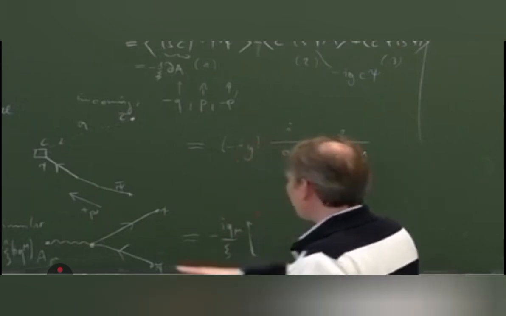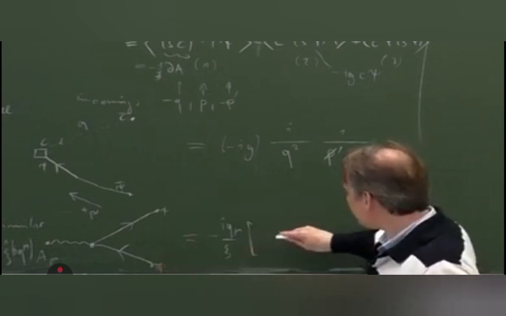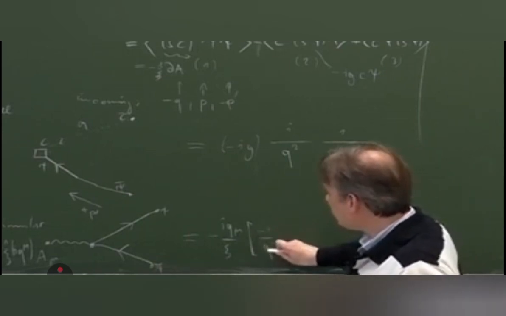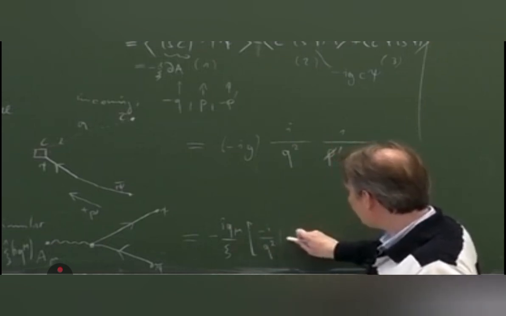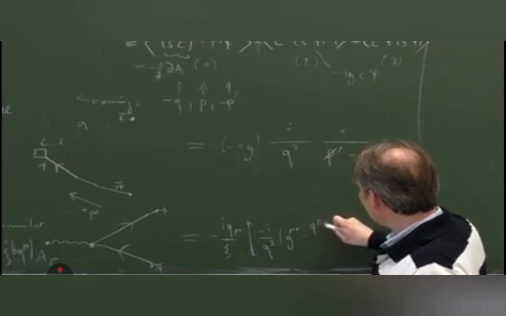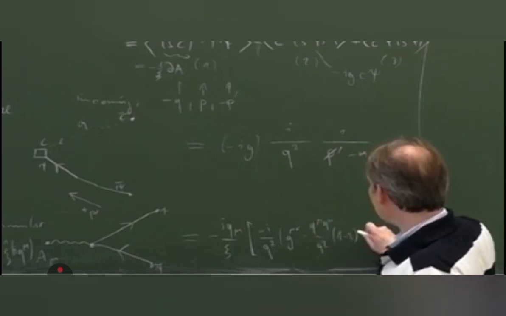And then we have the Feynman rule for this Green function. So what is the Feynman rule for this Green function? It is first of all the gauge boson propagator, which contains minus i over q squared, then times the complicated thing, g mu nu minus q mu q nu divided by q squared times 1 minus the gauge parameter xi.